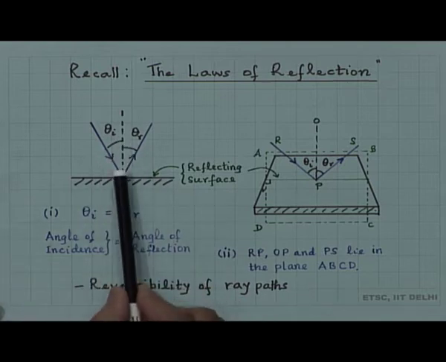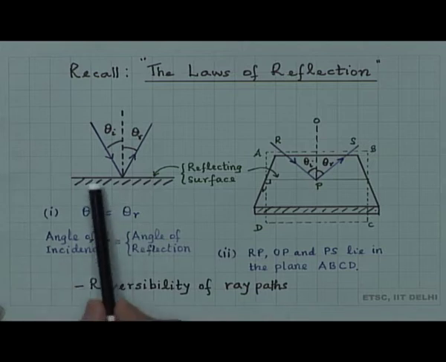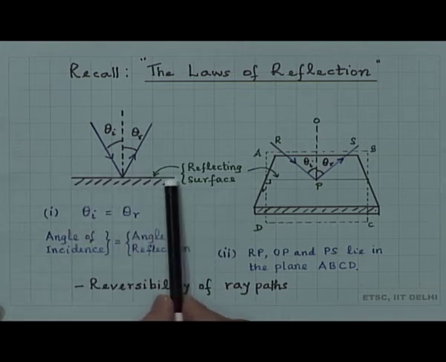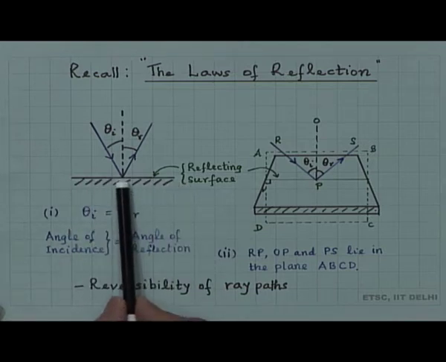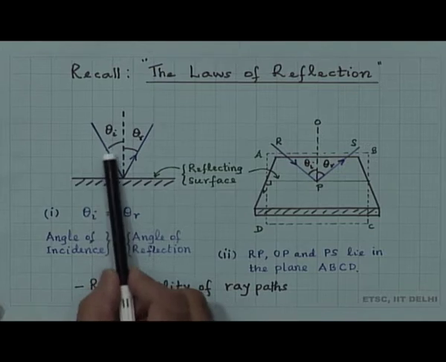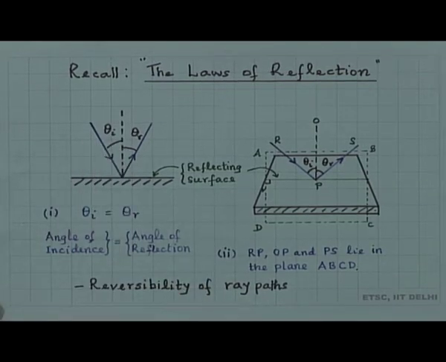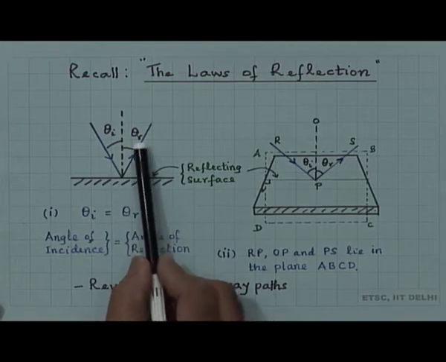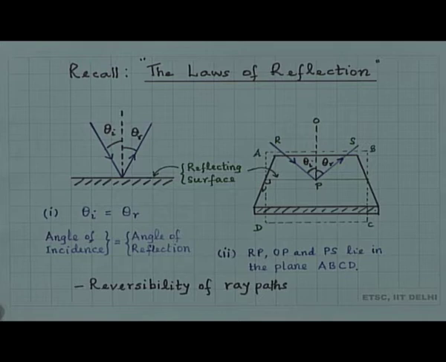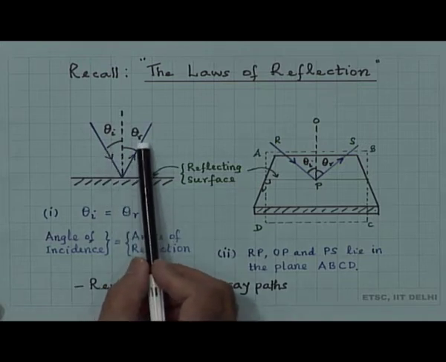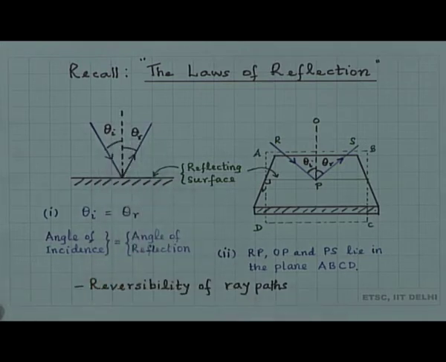The dotted line here represents the normal to this surface. Say this point is a point P or point Q. The angle between the incident ray and the normal is called the angle of incidence, and the angle between the reflected ray and the normal is the angle of reflection, which we have denoted as theta i and theta r.